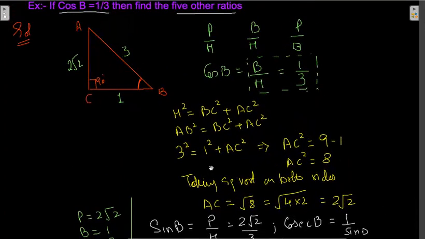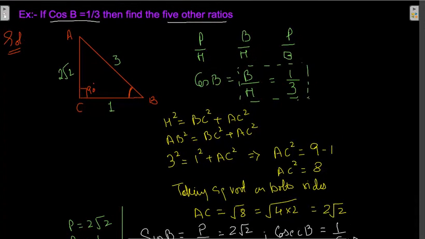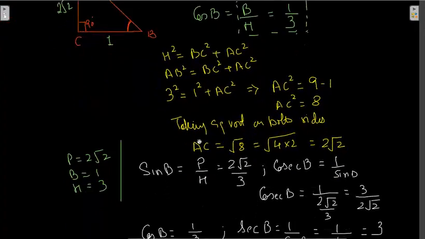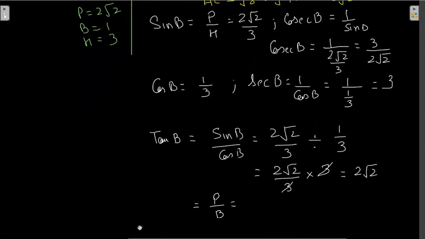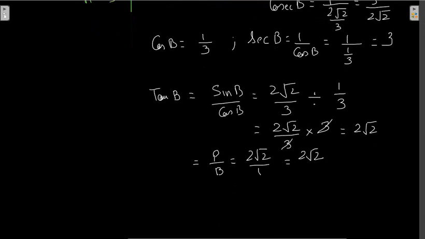Perpendicular is 2 under root 2, by 1, which is equal to 2 under root 2. And then the final value which we have to find is cot of b, and this is equal to 1 over tangent b, and this is easy, 1 over 2 under root 2.